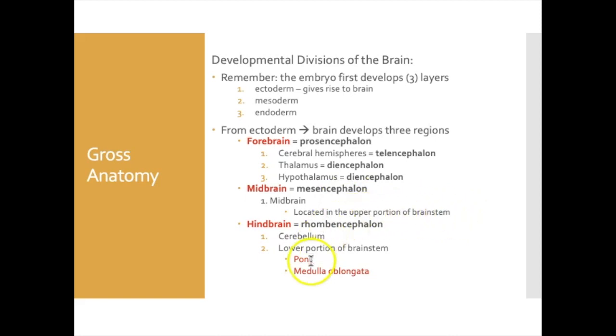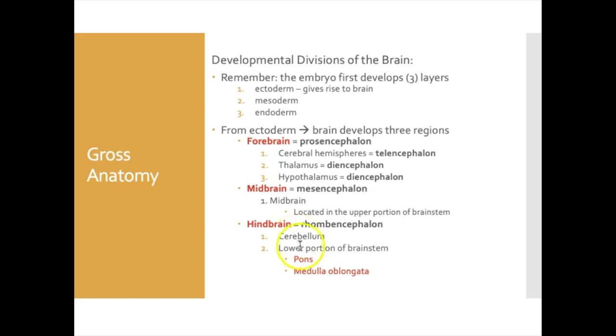Similarly, the pons and the medulla oblongata are two separate structures made of nervous tissue that are found as part of the hindbrain. The pons, the medulla oblongata, and the cerebellum together make up the hindbrain.